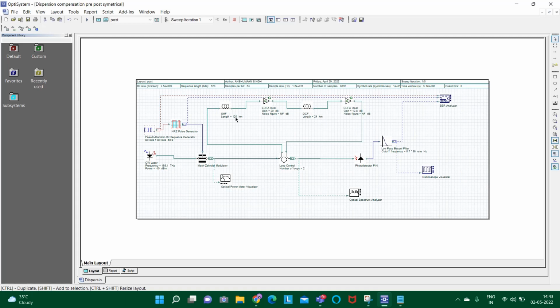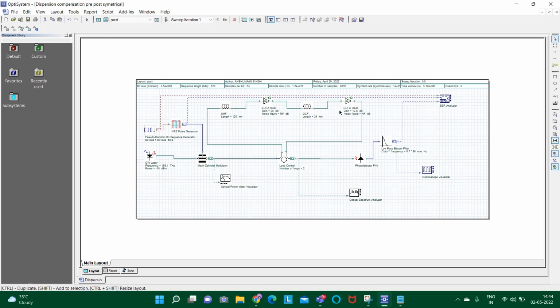When the single mode fiber is followed by the DCF, it is called post, and if the DCF is before the SMF, it is called pre. That is how we can differentiate a pre and a post compensation scheme. It passes through an EDFA, which provides a proper gain for the single mode fiber.